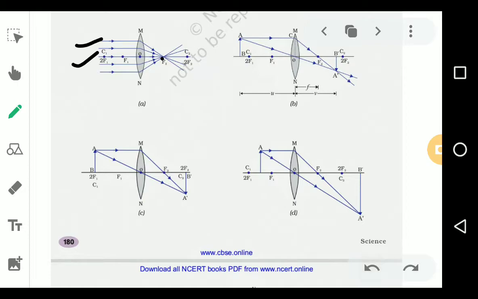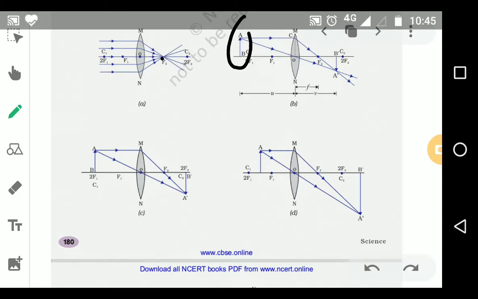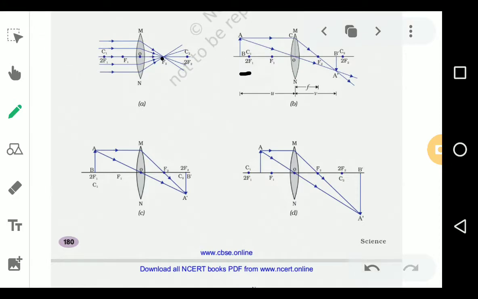Next, coming to the second one, in which we are gradually bringing the object nearer and nearer to the lens. Here you can see the object is represented by AB, and this object is just beyond 2F1. When the object is just beyond 2F1, the parallel light ray which is coming is going through the focus, so the refracted ray goes through the focus.